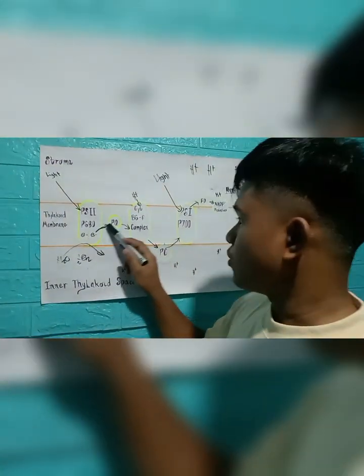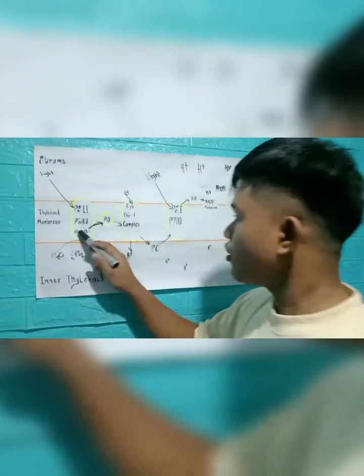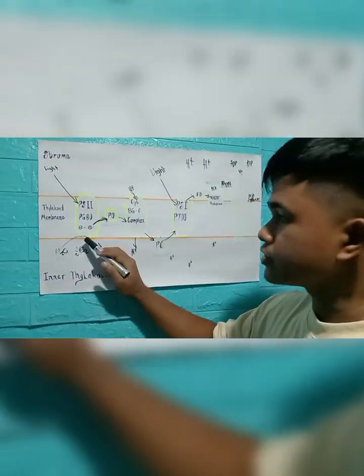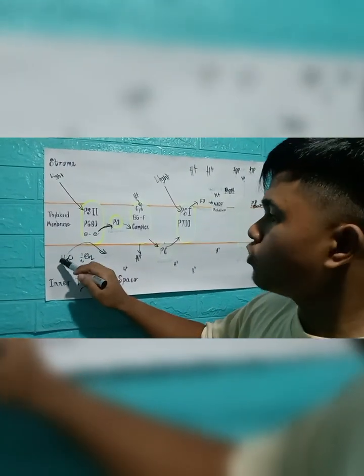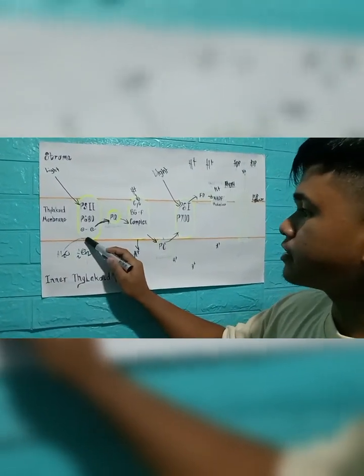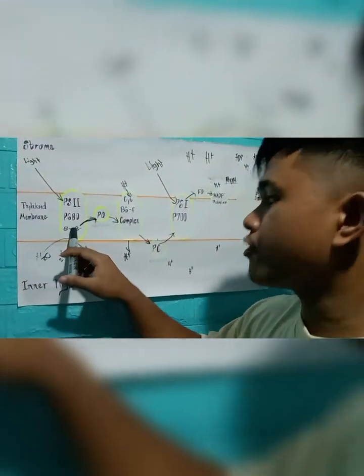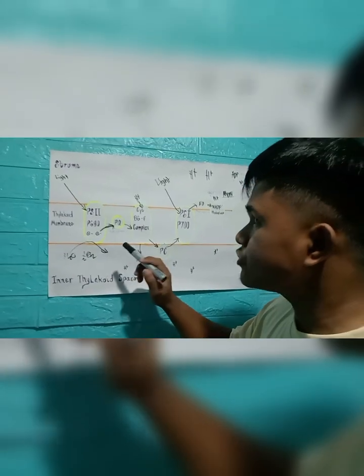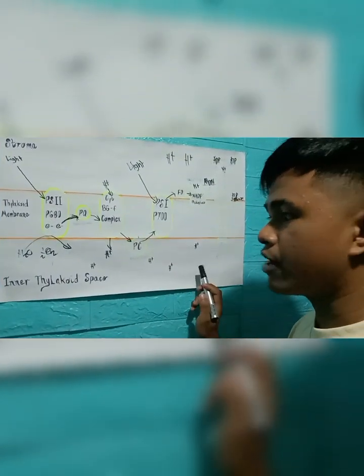Since the chlorophyll has lost electrons, the water, or H2O, splits, and the electrons of the H2O go to the chlorophyll, and the hydrogen ions go to the inner thylakoid.